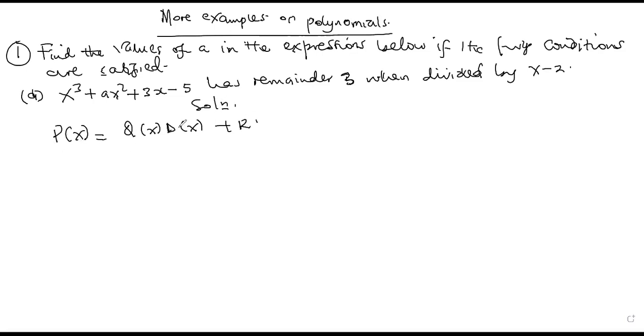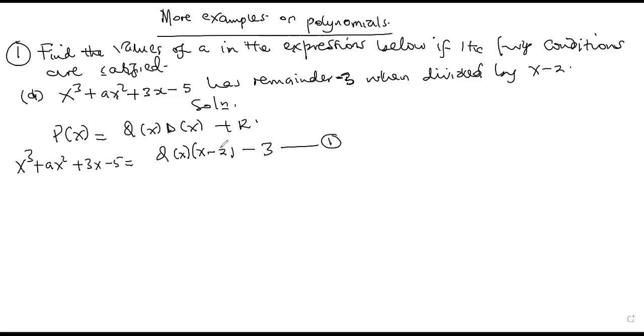Implying that we are given a polynomial, which is x cubed plus ax squared plus 3x minus 5 is equal to the quotient. I don't know the quotient, it has not been given, but they gave me the divisor, which is x minus 2, and they gave me the remainder, negative 3. Call this equation 1.